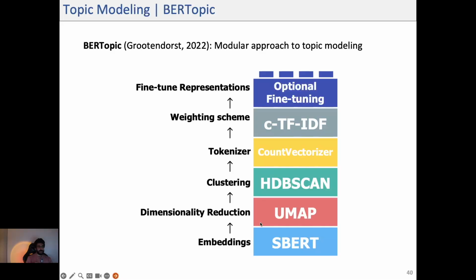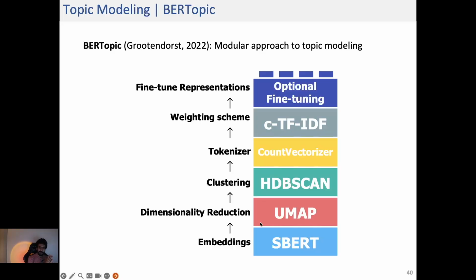The important step is the class-based term frequency inverse document frequency. So instead of computing TF-IDF across individual documents, it treats each cluster as a single document and then calculates TF-IDF to find the most distinctive words for that topic. And this is how we get the meaningful topic keywords.